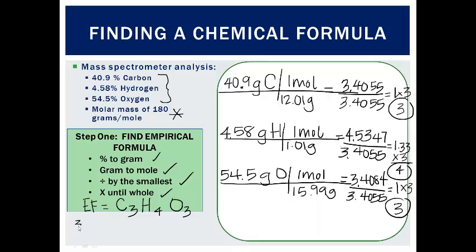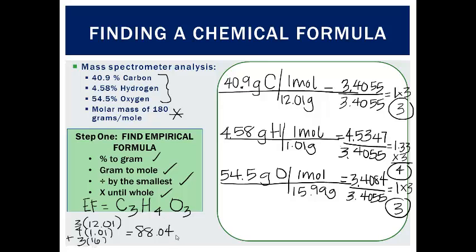If I take 3 times carbon from the periodic table, molar mass, plus 4 times hydrogen, plus 3 times oxygen, if I add all that up, I get 88.04. The molar mass of my empirical formula is 88.04. Uh-oh, that doesn't equal 180. So this must not be the formula. That's not the actual formula for the substance.